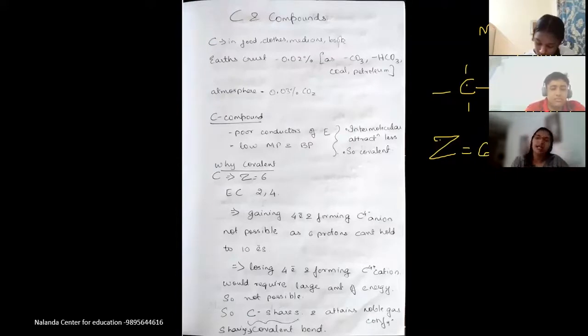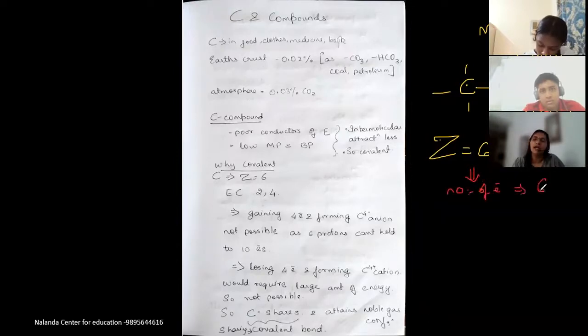In a neutral atom, the number of protons and the number of electrons are the same. We are not talking about ions. So the atomic number of carbon is 6, which indirectly indicates that the number of electrons is 6.